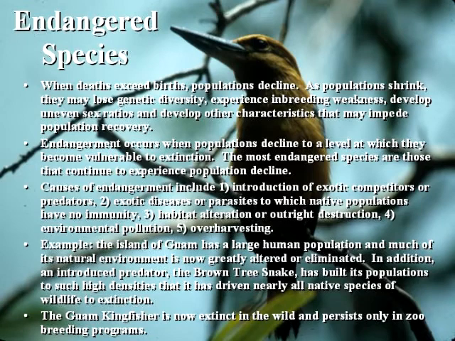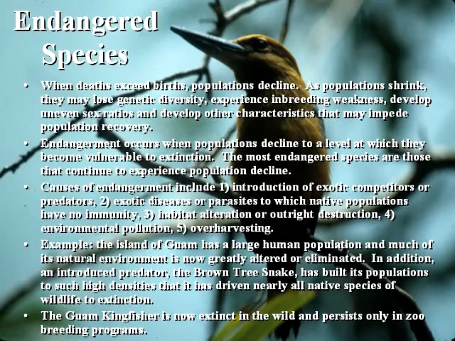Endangerment occurs when populations decline to a level at which they become vulnerable to extinction. Most endangered species are those that continue to experience these kinds of population declines. Now, there's a number of phenomena that can lead to endangerment.